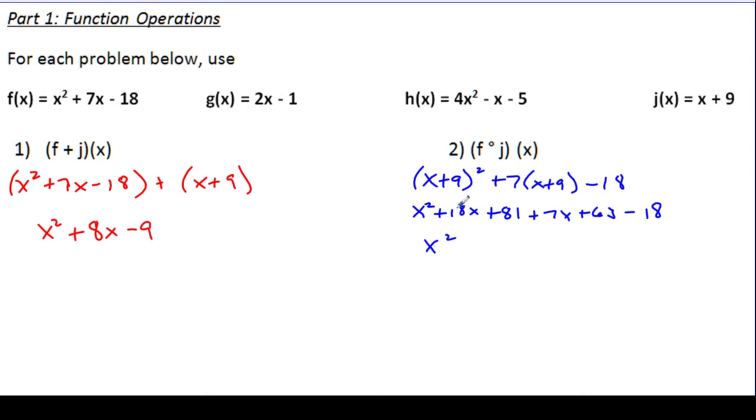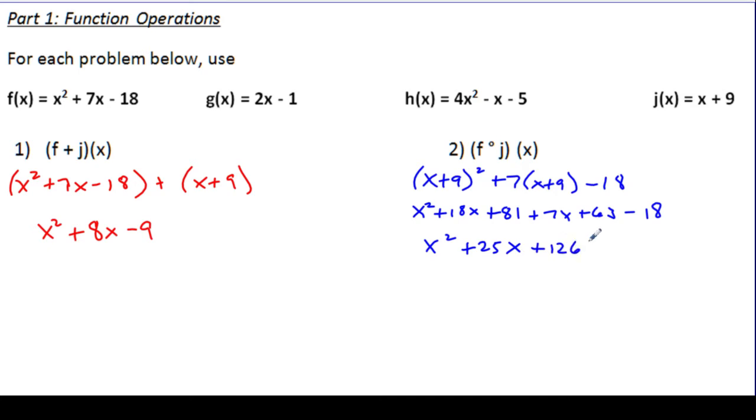Okay, I have 18x plus 7x. Well, that's 18 plus 7 is 25x. Okay, and then I have 81, okay, plus 63 minus 18. So I'm going over to my calculator on the side just to make sure that we get it right. 81 plus 63 minus 18, and that looks like 126. So a positive 126. I'm going to say plus 126.